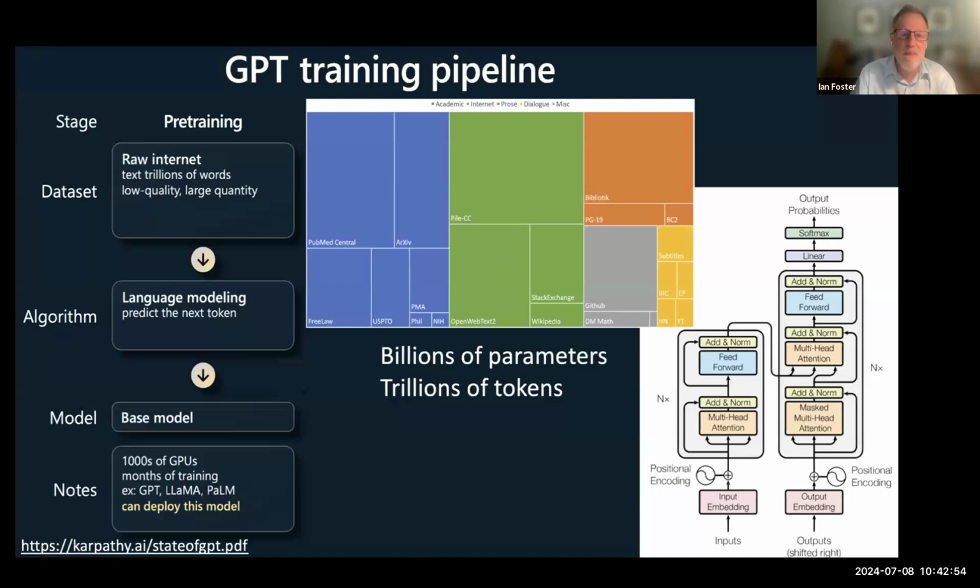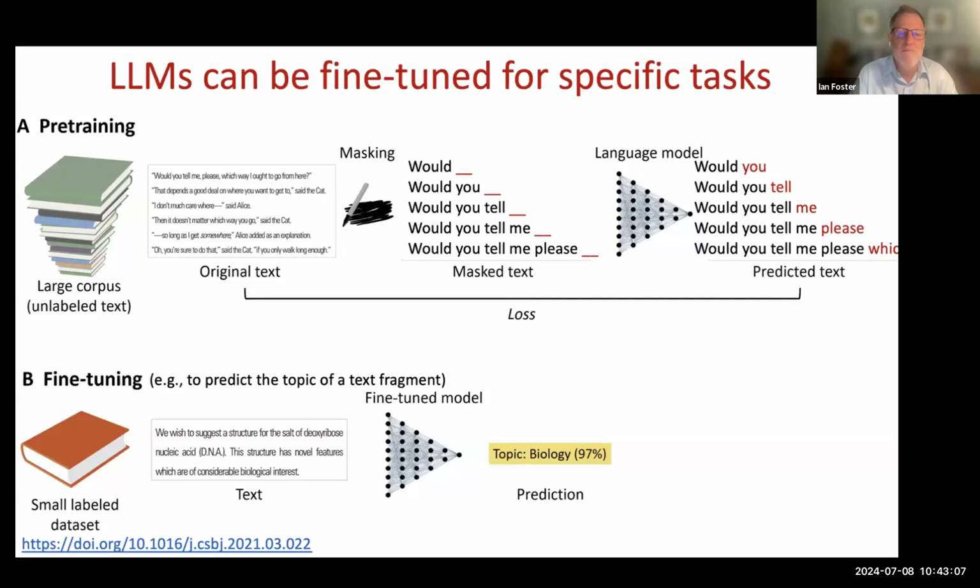Anyway, so that's the training process, and that produces a trained model that is typically very good at predicting the next token. So is that useful? Well, sometimes you might use that directly.